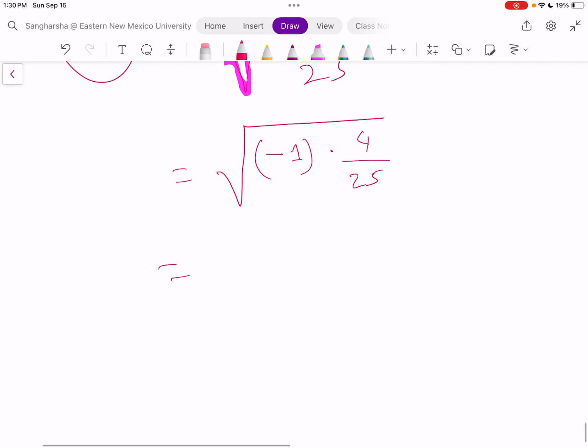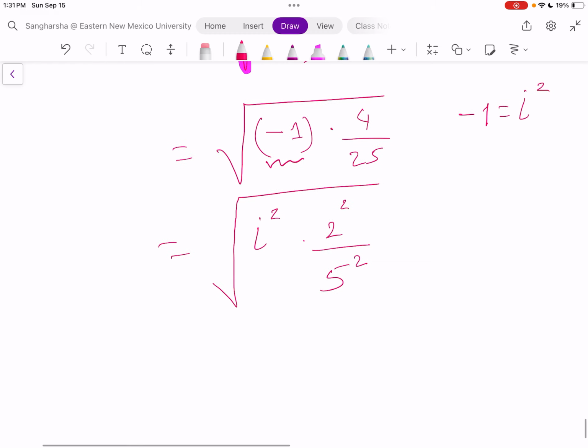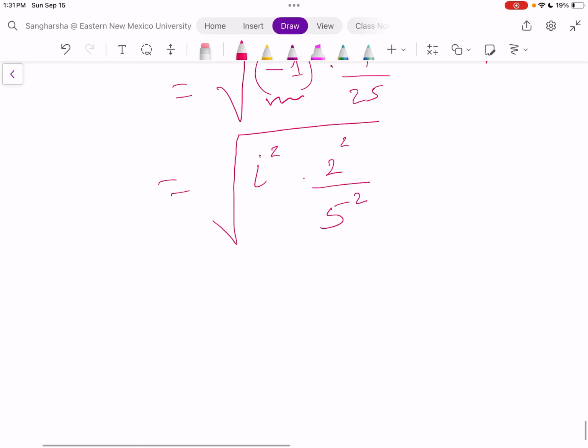What do we know about negative 1? Negative 1 is always equal to i squared. So let's replace this negative 1 by i squared. Our 4 is 2 squared, and 25 is 5 squared. We have a square root, so the index for this radical sign is 2.